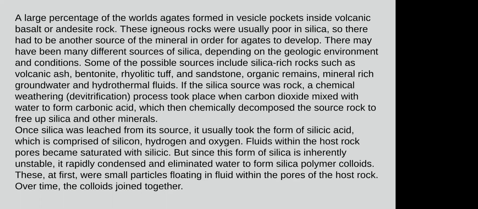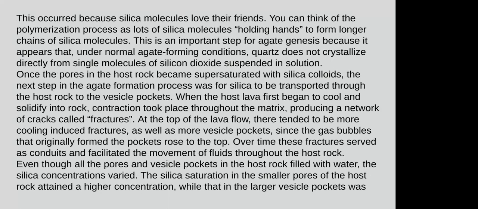Over time, the colloids joined together. This occurred because silica molecules love their friends. You can think of the polymerization process as a lot of silica molecules holding hands to form longer chains of silica molecules. This is an important step for agate genesis because it appears that under normal agate forming conditions, quartz does not crystallize directly from single molecules of silicon dioxide suspended in solution.